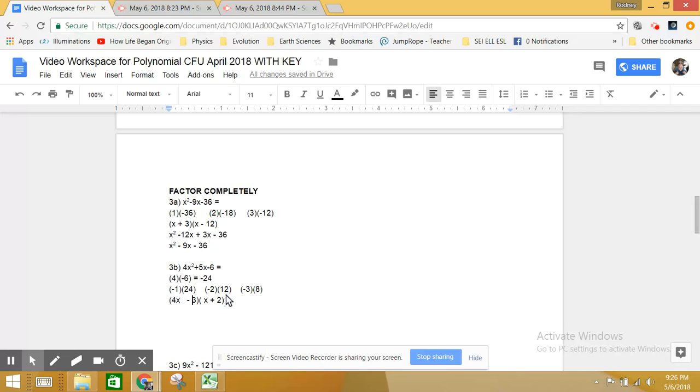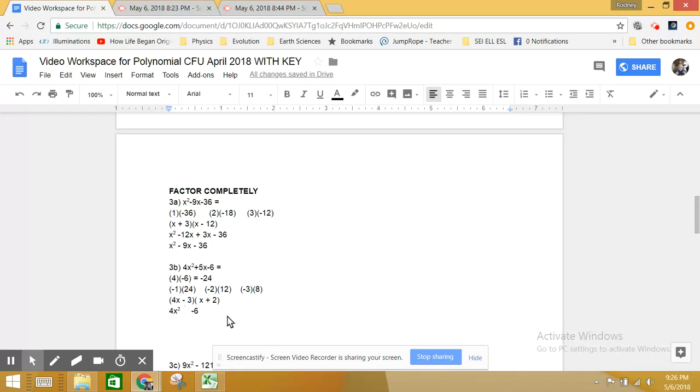We should test this out and see if it works. Our first is 4x times x, so that's 4x squared. Our last is negative 3 times 2, so negative 6.